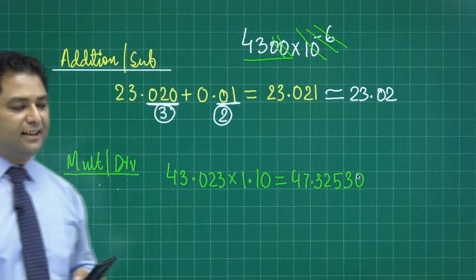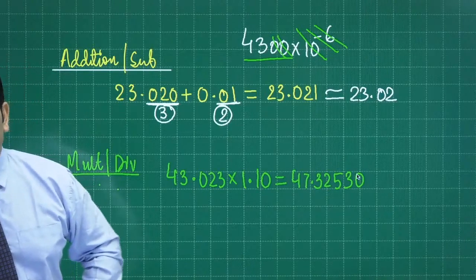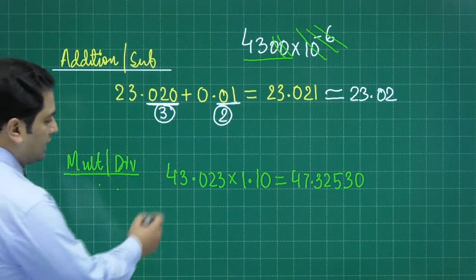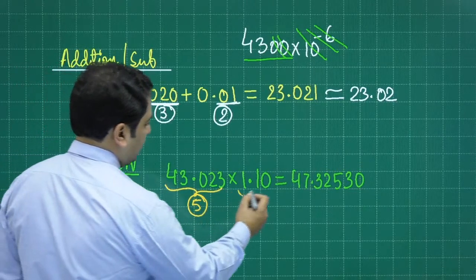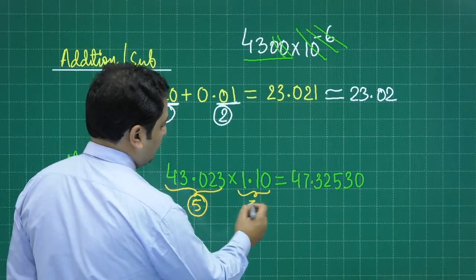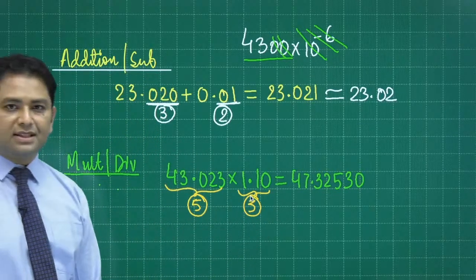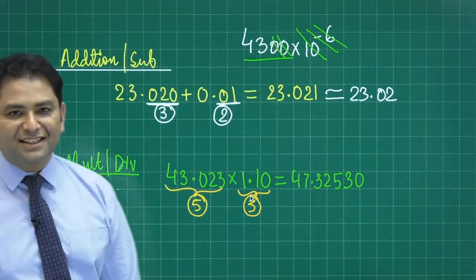But as I've already said, now in multiplication division, this is what you are going to do. This has 5 significant digits and this has 3 significant digits. So in multiplication division, guys, remember, we don't see the number after decimal.